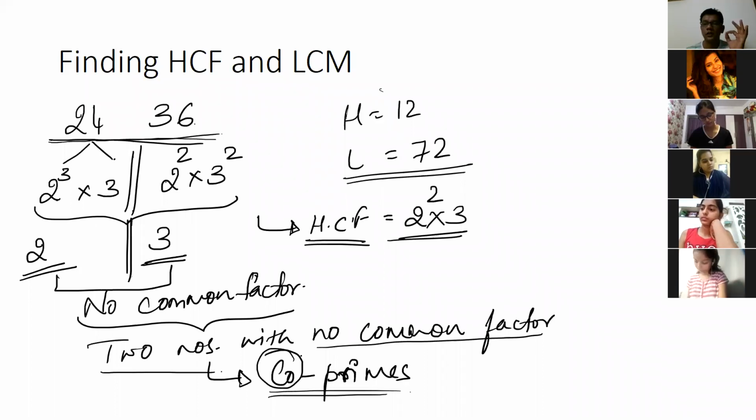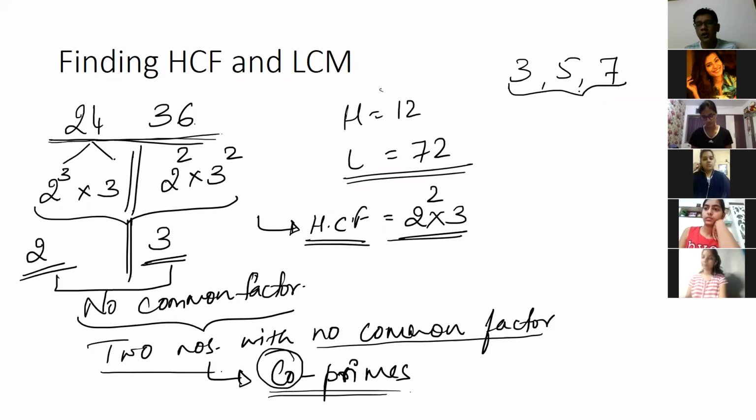They are always in a pair. For example, 3, 5, and 7 do not have any common factor, but they can't be called co-prime because they do not exist in a pair. So for any number to be called co-prime, it has to exist in a pair. Did we understand this, guys? Nihar? Clear? Great.